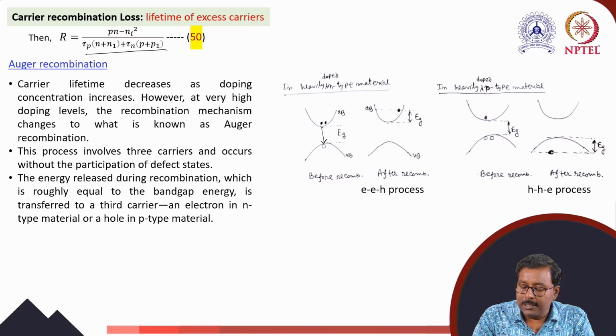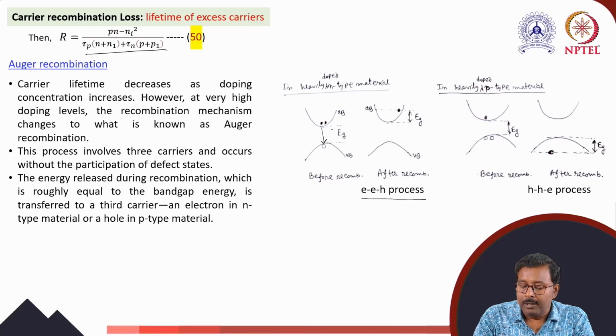As the energy released is in the form of Eg, the energy of this new electron, called a high energy electron, will be Eg more than the minimum conduction band energy. So this is called a 3-carrier process. The recombination energy release is going to the third electron, and sometimes it is called the EEH process in the case of an n-type semiconductor.